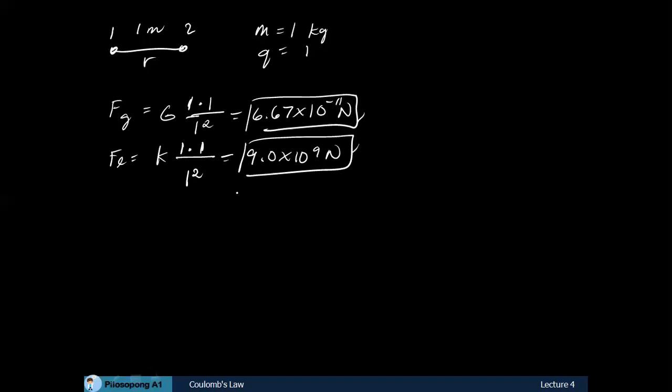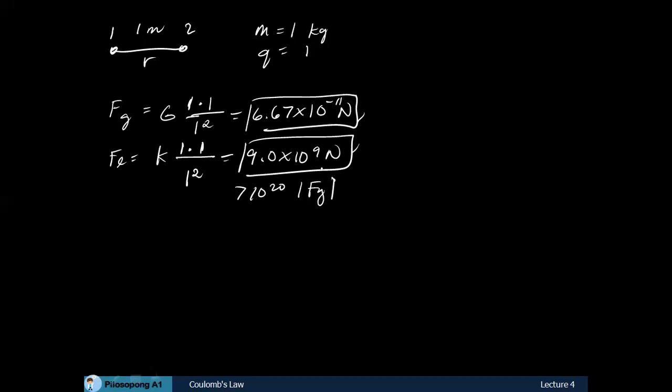Looking at this value, we can say that the electrostatic force is a lot stronger in terms of magnitude, and that is about 10 raised to 20 that of the force of gravity.